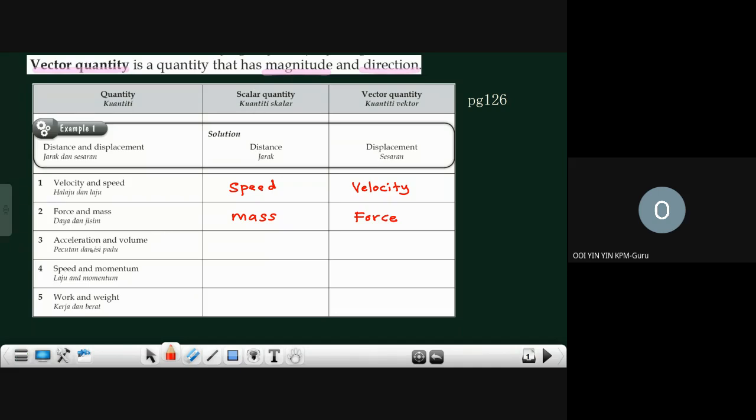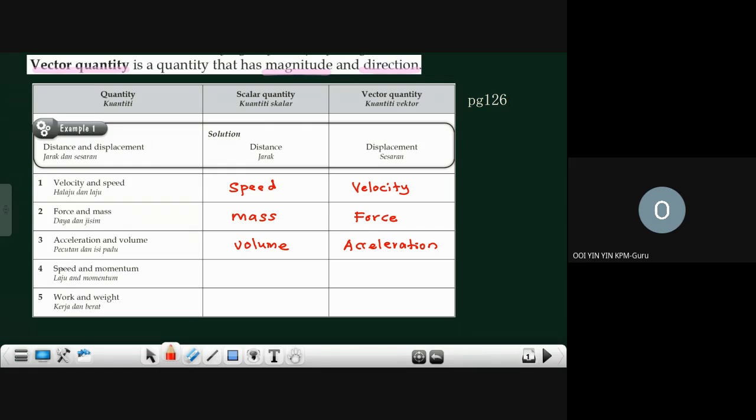Acceleration and volume. Of course, here volume is scalar, because for volume you will only have the figure. There's no direction. And acceleration is the one with direction, where it is speeding up to, which direction it goes. Next, speed and momentum.